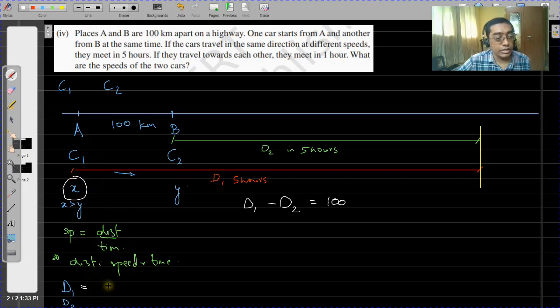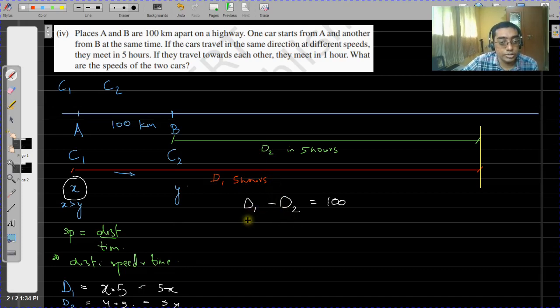So we write D1 equals x into time. Time is 5 hours. And D2 is y into 5. So D1 is equal to 5x and D2 is equal to 5y. So we can write D1 minus D2 is equal to 5x minus 5y equals 100.